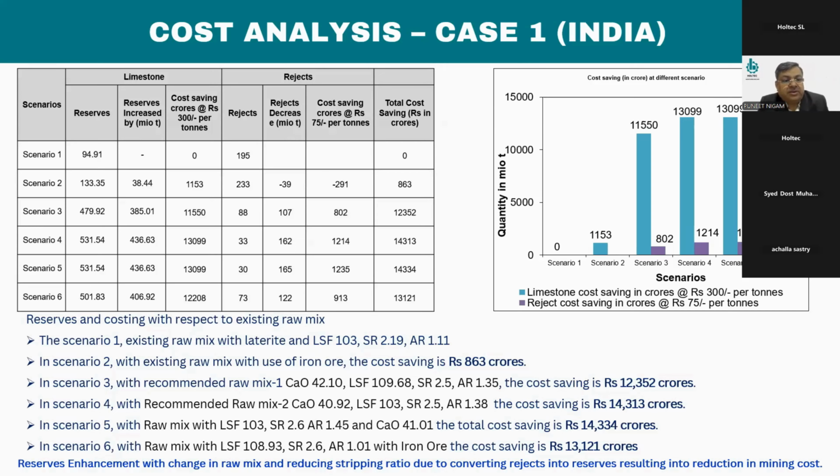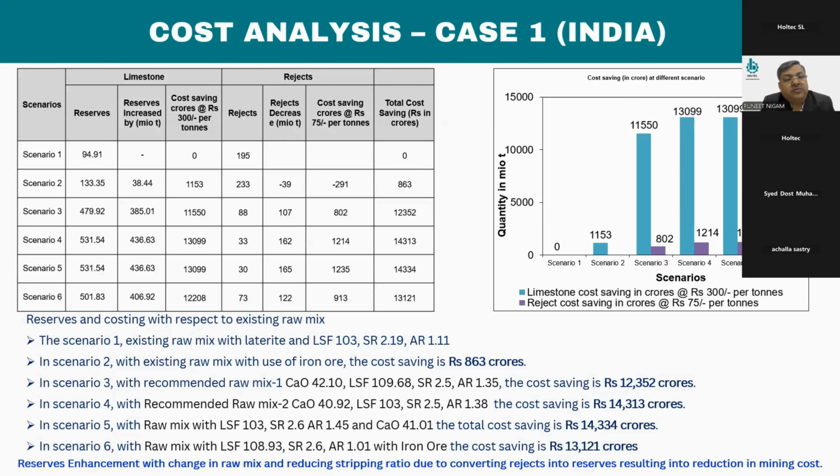In this, we see the reserves increasing in the second and third columns. Then we have the cost at the rate of 300 rupees per ton. We are comparing scenario one as a base, and the impact.